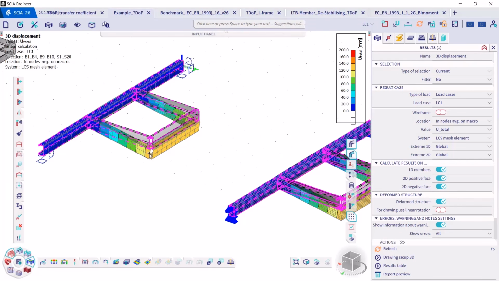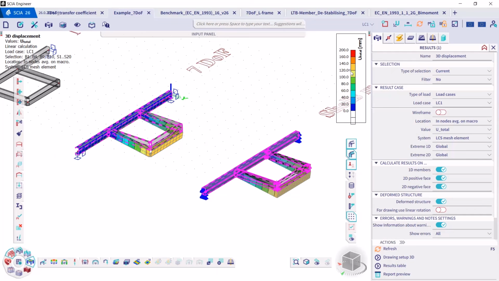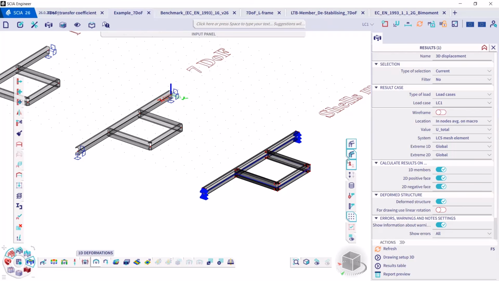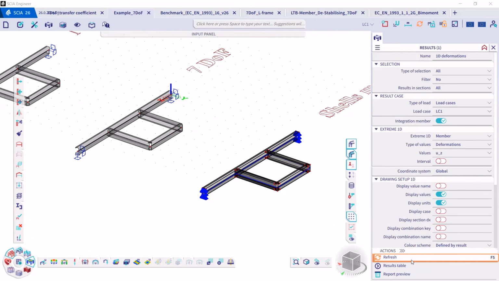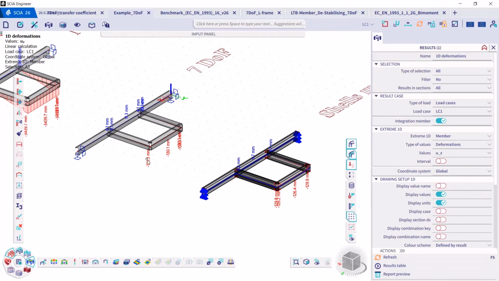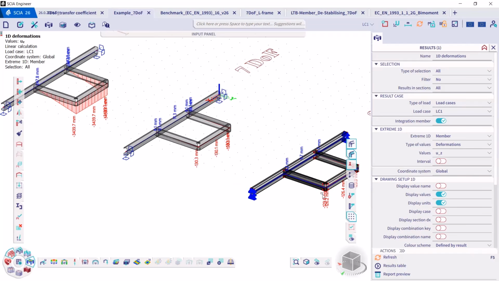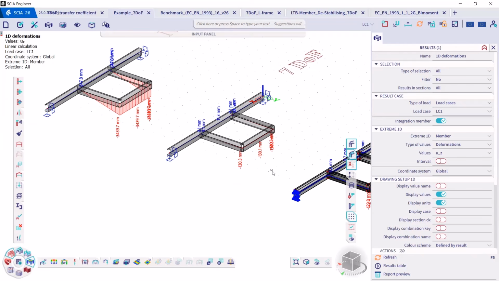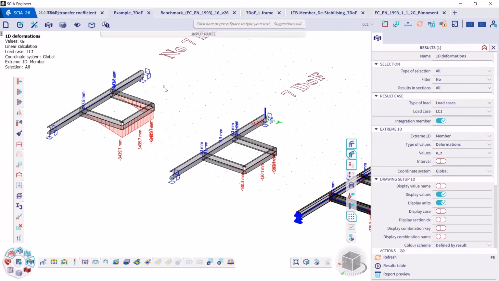We see an orange color, so somewhere around 120 to 140 millimeters. And basically, we can also have a look at 1D deformations. And if I look at UZ, you can see we have 130 in here, 128.9 in this 2D representation. As for the first model without 7-degree of freedom, you can see it 3.5 almost meters.